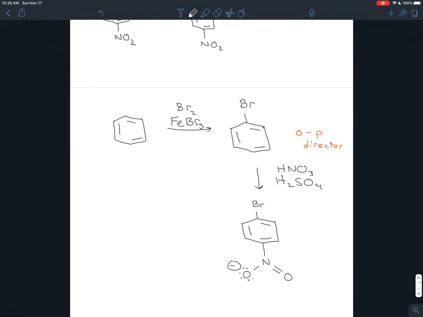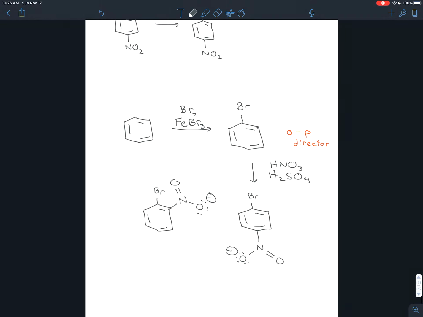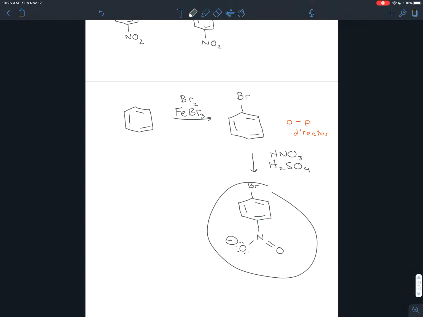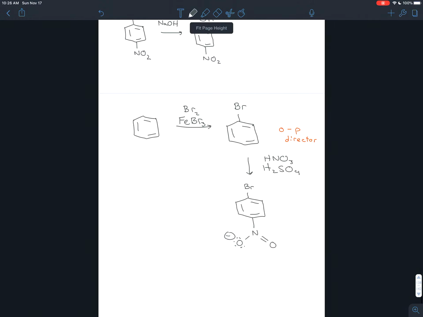And so steric hindrance will prevent most of the ortho product, which would look like this. It would prevent most of that from forming. You'll have a tiny bit, but okay. I drew that there, but really our focus is this other product. And so we're going to work with this.